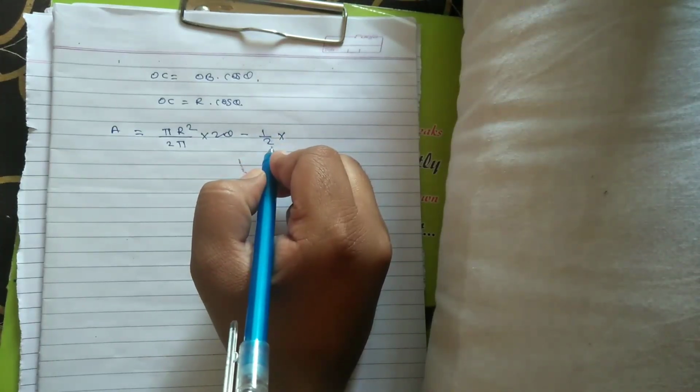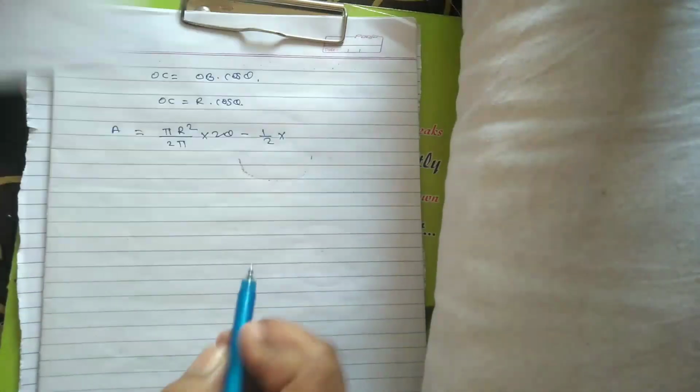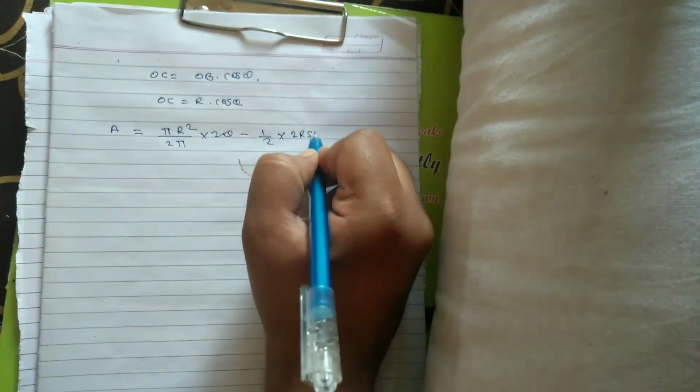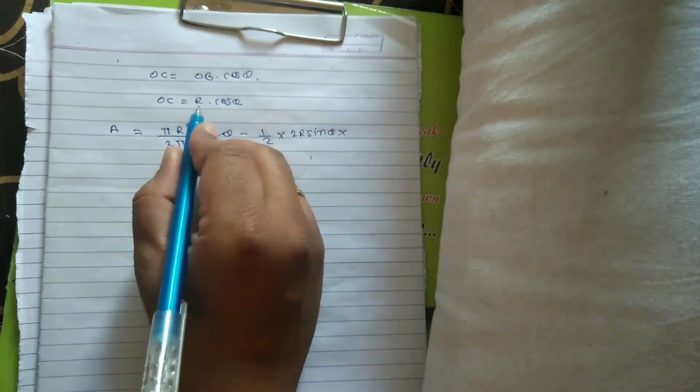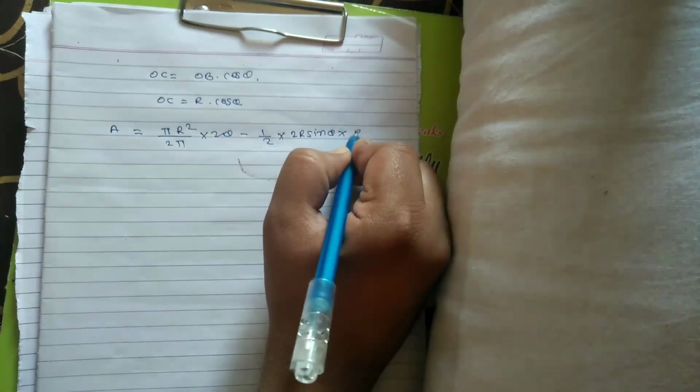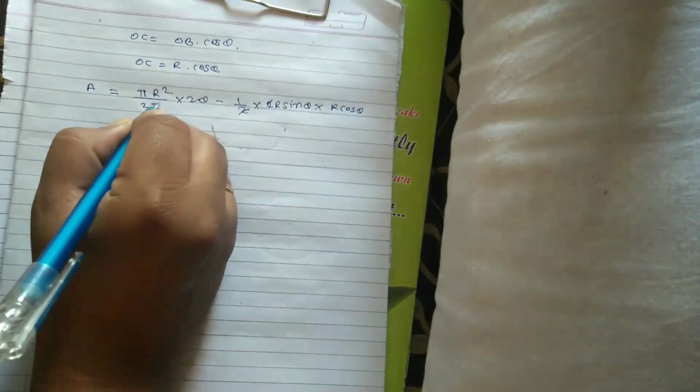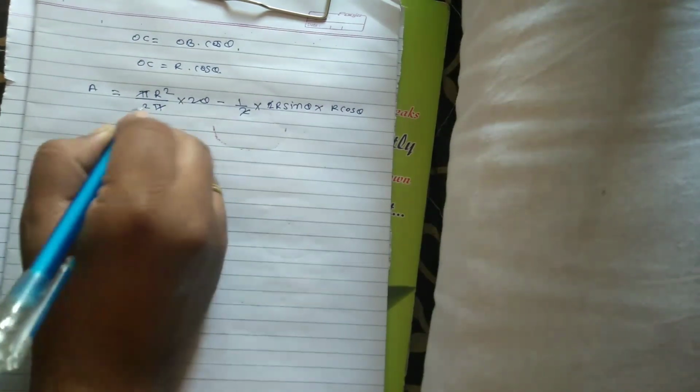AB is 2r sine theta, as we just calculated, into OC, which is r cos theta. So this 2 will cancel, and the pi will cancel, r square by 2 will cancel.